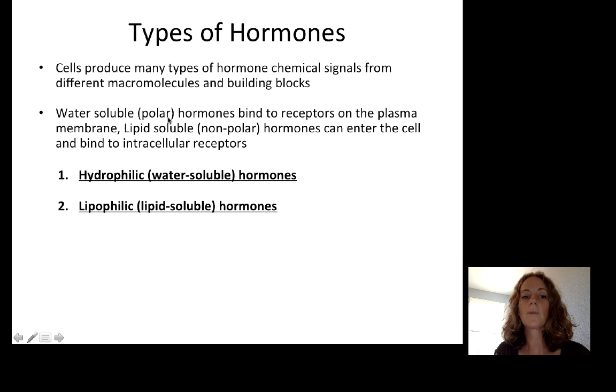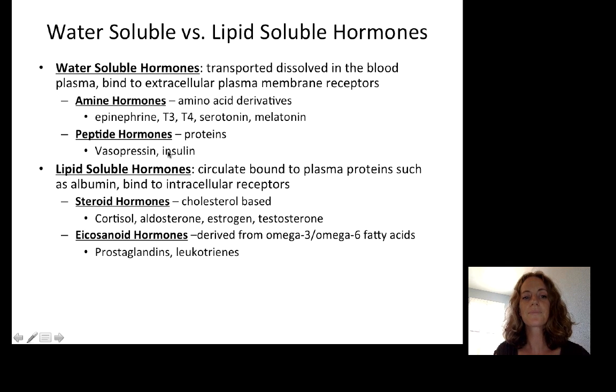Water-soluble hormones are polar, meaning they have a charge. They will bind to receptors on the plasma membrane specifically because they can't get in the cell. Lipid-soluble are non-polar, or they do not have a charge, and they can enter the cell directly because they can pass through the lipid bilayer. When they do that, they will bind to receptors inside the cell and make changes directly inside the cell.